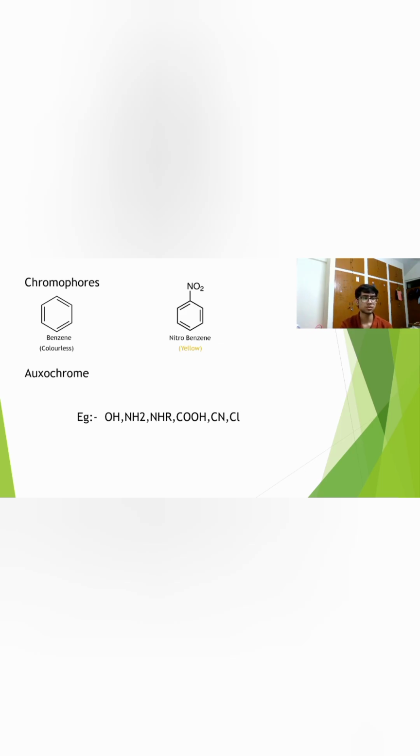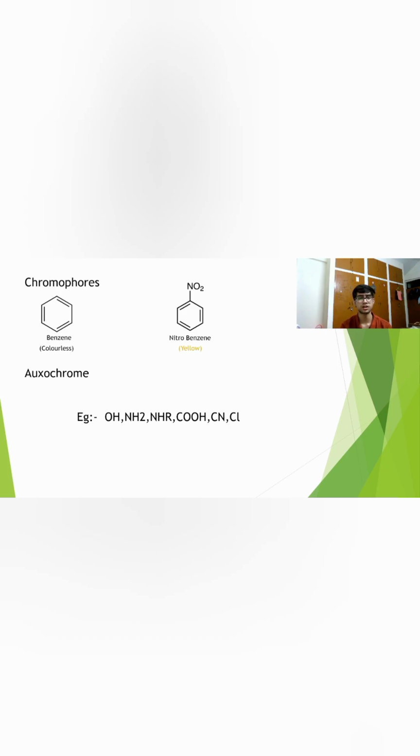Now let's further talk about auxochrome. An auxochrome is a saturated group, which is not a chromophore itself, but its presence can cause an increase in the color intensity of the compound. If we talk about examples of auxochromes, here in the slide we can see OH, NH2, NHR, COH.